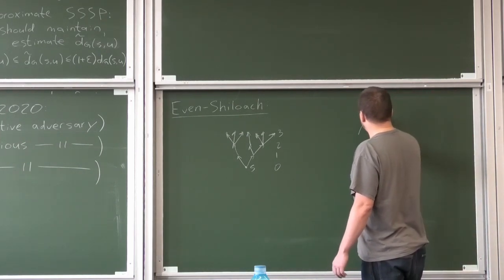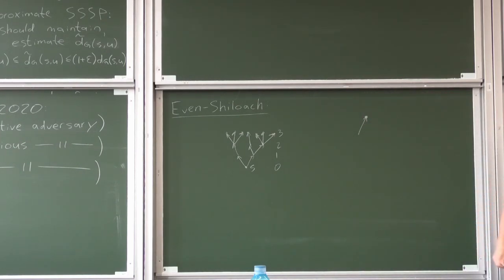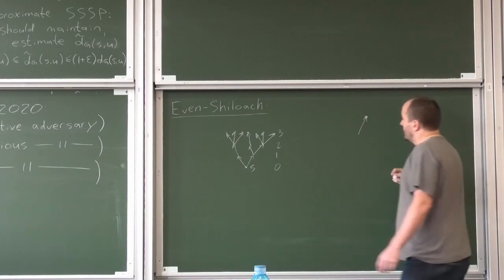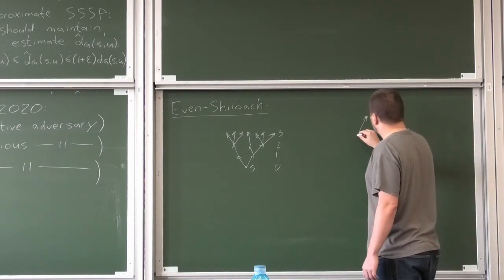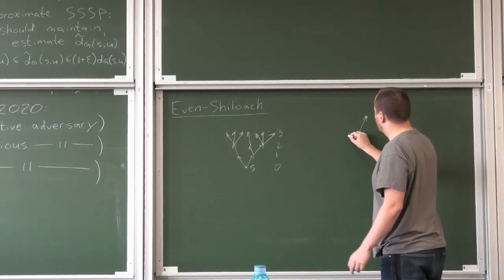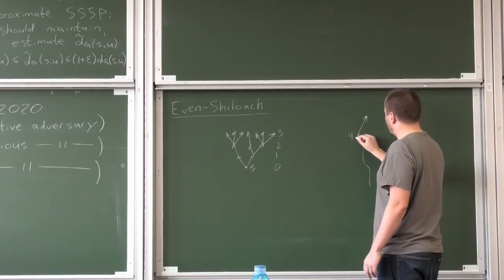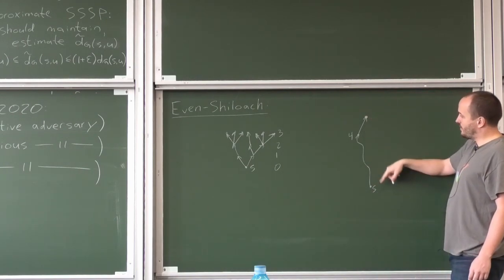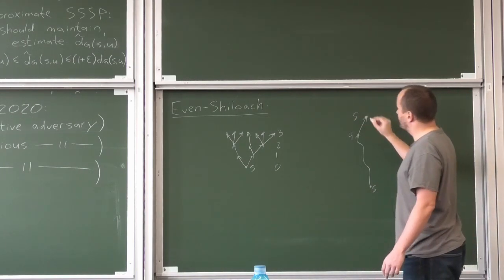And suppose it has a parent. It will have a parent if it's not the source, and if it's reachable from the source. Say the distance from S to the parent is 4. So we have a path from S. Then the distance from S to this guy is 5.